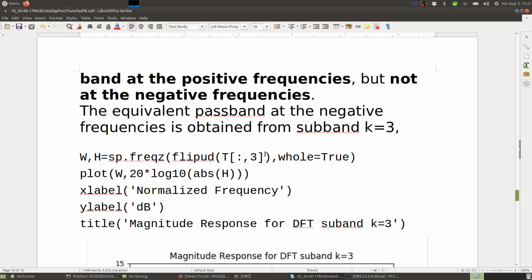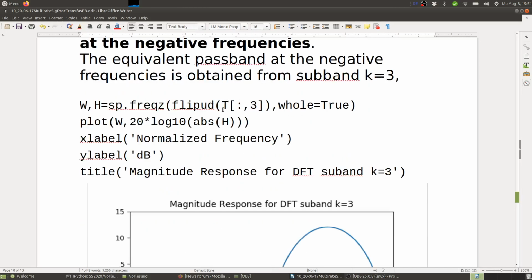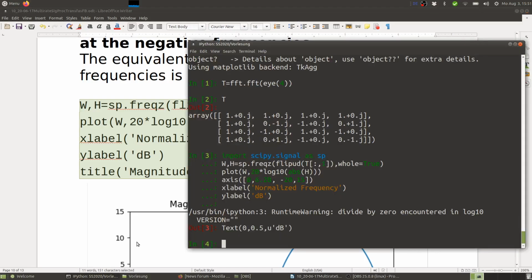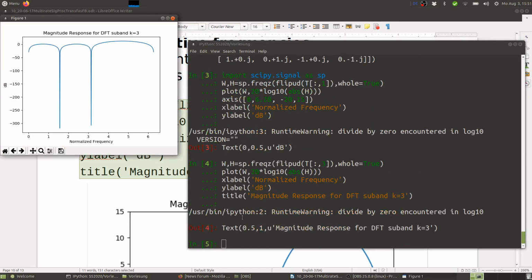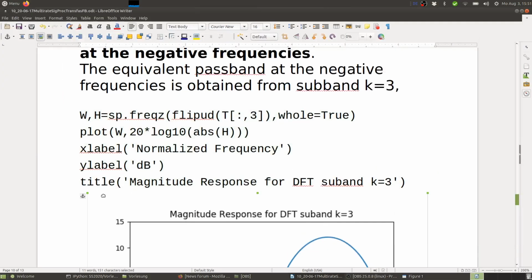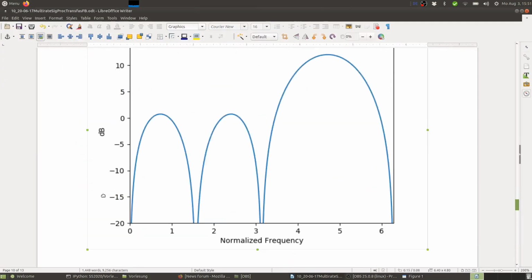Here k equals 3. So here we have the same code, but now we have 3 as the second index for the transform matrix, and we can plot the corresponding frequency response. Copy, paste, and I should also have the axis.